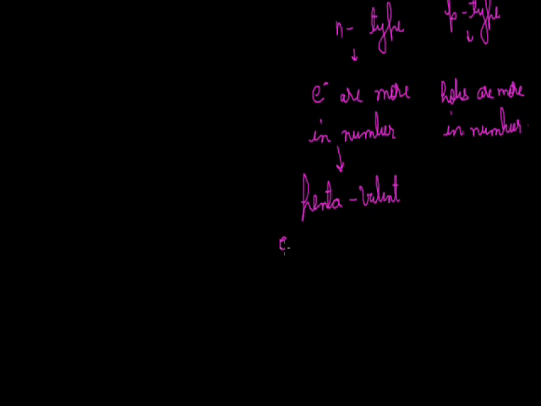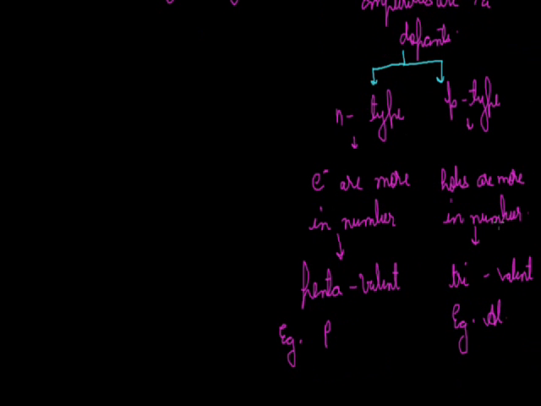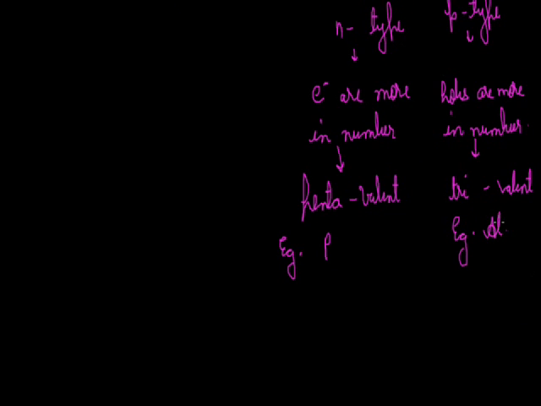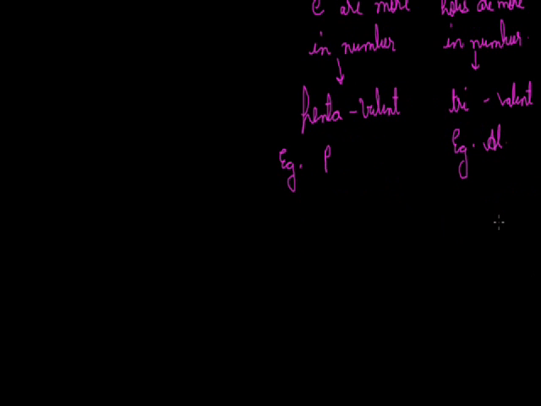For pentavalent impurities we can take the example of phosphorus, while in a P-type semiconductor trivalent impurities are added. This means any material having a valency of 3, with 3 electrons in the last shell, for example aluminium. So these are the two types of impure semiconductors, to which impurities are added.